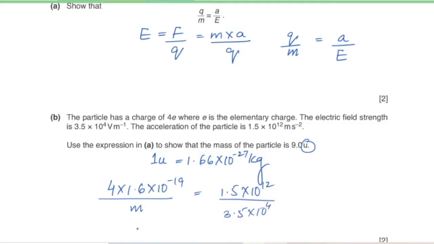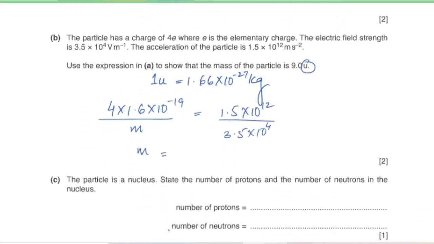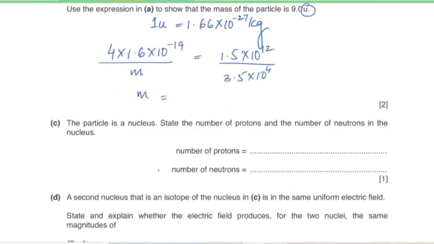And so we get mass in kilograms, and that is 1.49 into 10 to the power of negative 26 kgs, and then the cross multiplication of 1.66 into 10 to the power of negative 27, and this mass we can deduce that this is 9u.